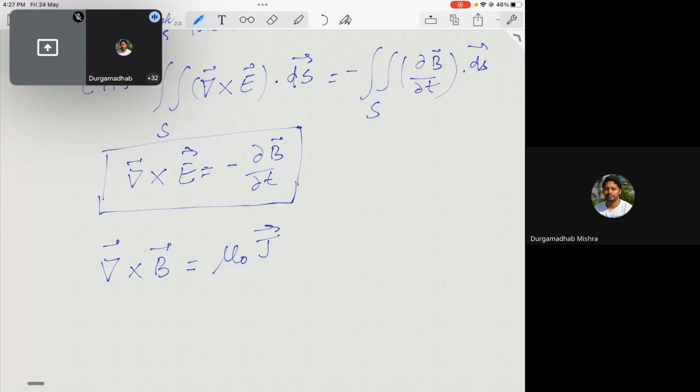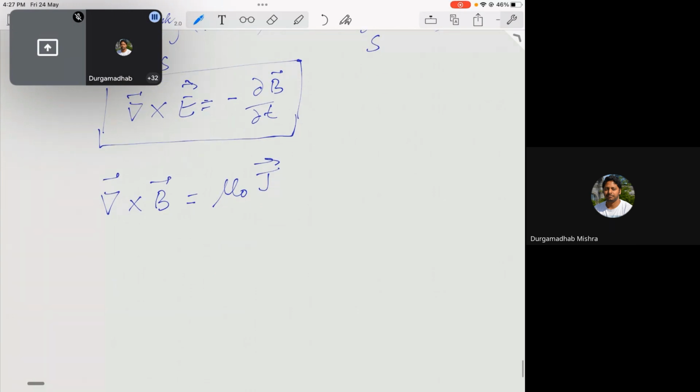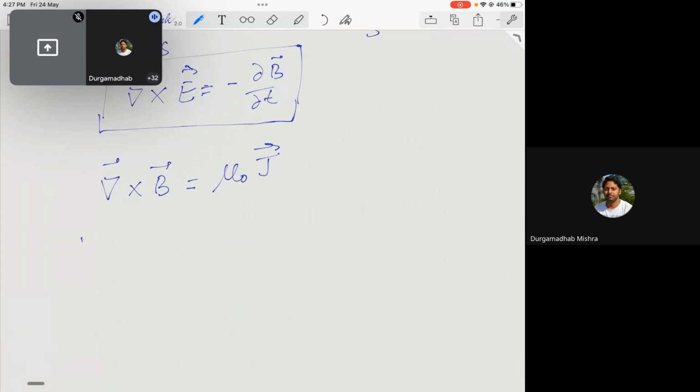J is the current density. This is still different from the Maxwell's equation that we wrote. So just to summarize Maxwell's equations, we always write del dot E equal to rho by epsilon naught, and del dot B is equal to 0.